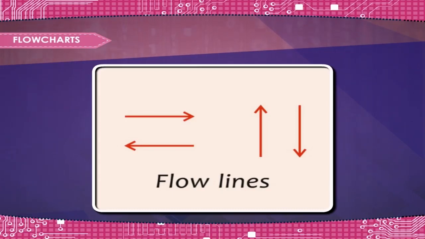These lines connect the various boxes of the flowchart. The flow lines are always drawn in such a manner that they do not cross each other or any of the flowchart boxes.